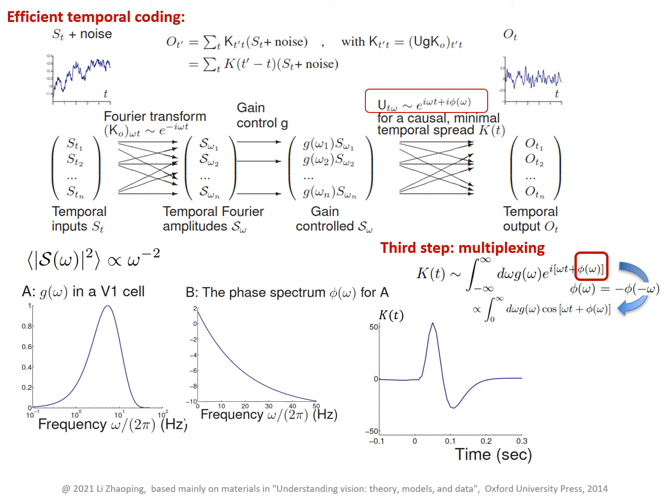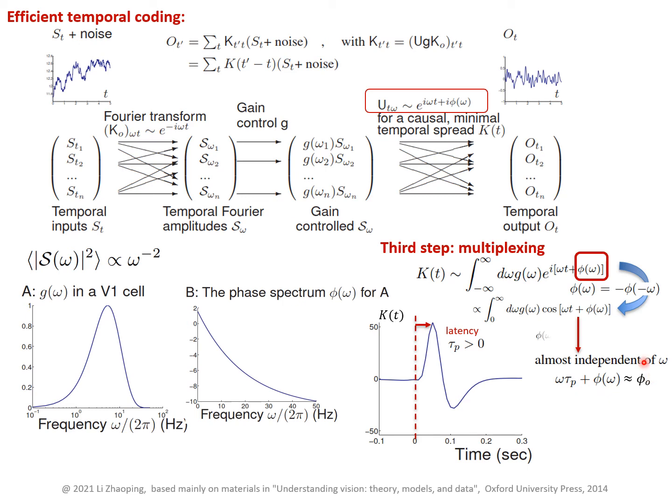In addition to the causality requirement, we also want this latency tau p not too big, otherwise this temporal filter may be lasting too long. So to make the filter peak at this time, these cosine waves better add up constructively at this time, and we can achieve this if these phases for different waves all have the same phase value phi naught at this time, independent of the frequency.